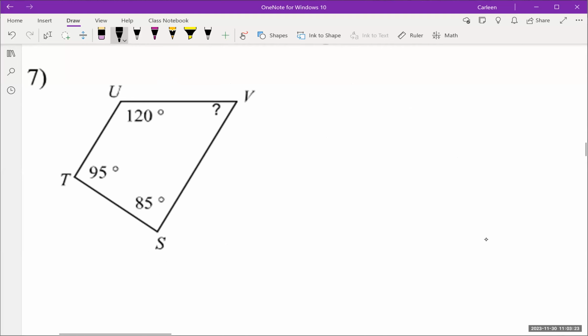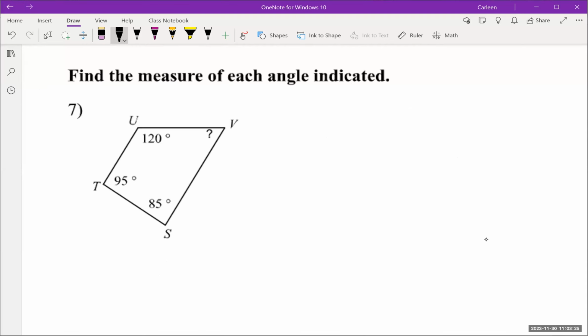Now this, we don't know it's a parallelogram. So all we know is this is a quadrilateral, right? It has 4 sides. So yes, you're going to write on this, put your name, show all your work here, except if it's vocabulary.